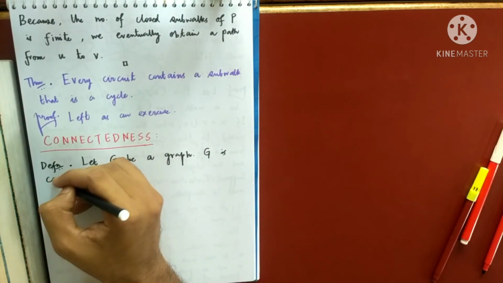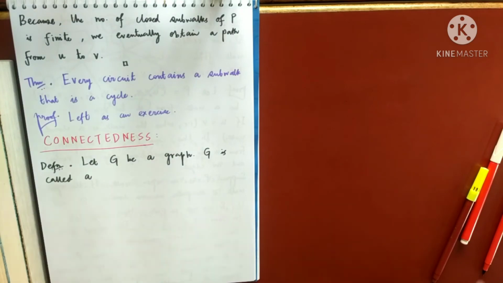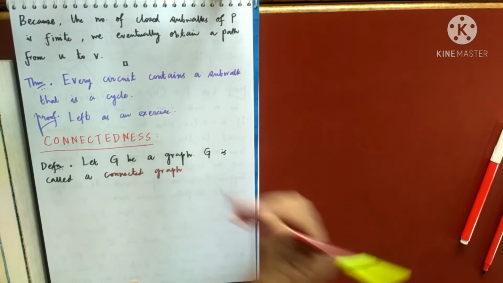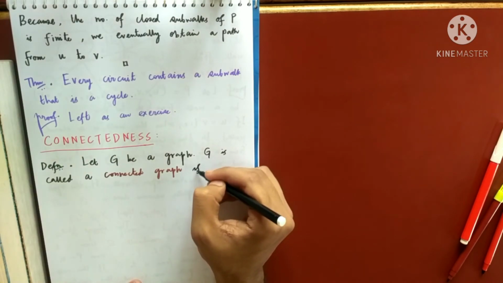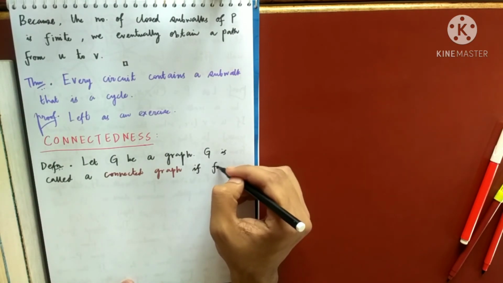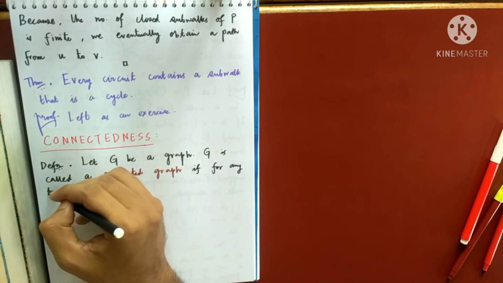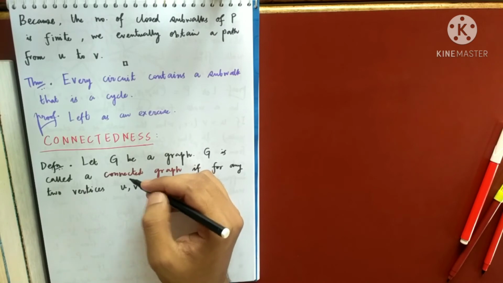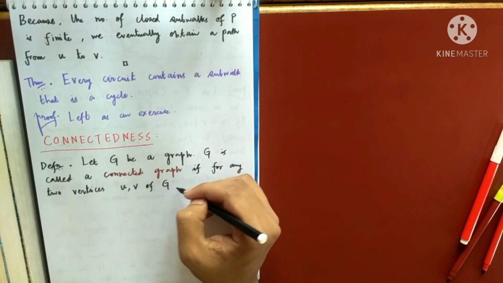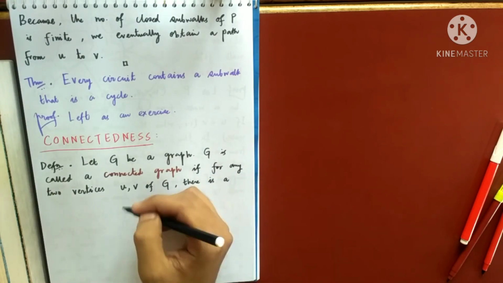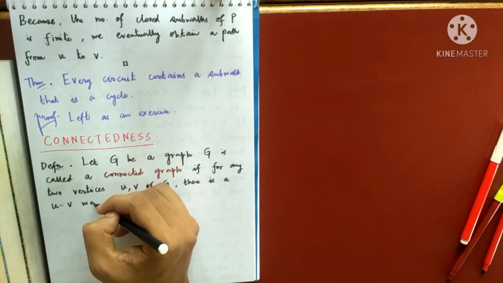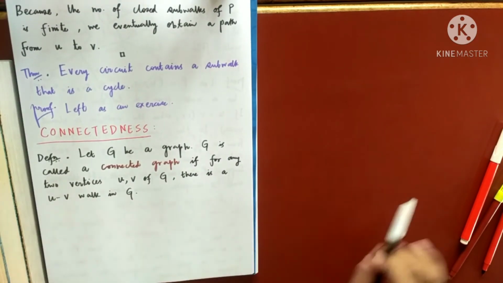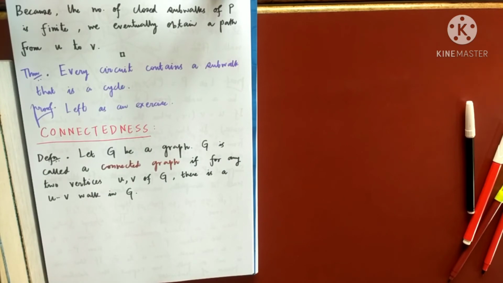G is called a connected graph if for any two vertices u, v of G, there is a u to v walk in G. So when will I call my graph a connected graph?